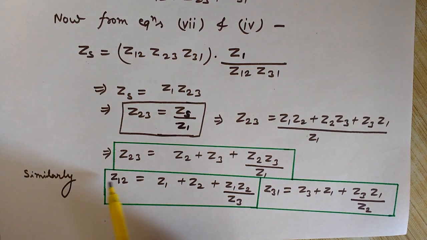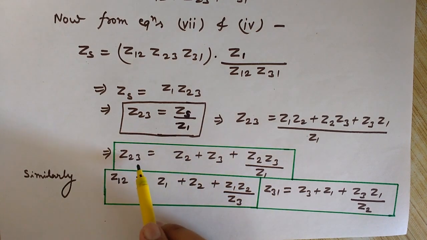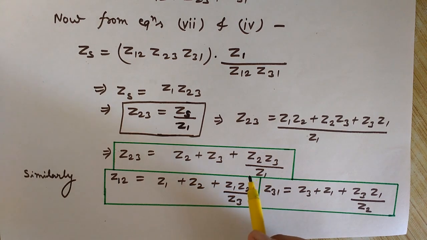Similarly, we can find the Z12 value, okay, and the Z31 value also. These are the formulas. This was the derivation, so you should just remember these three forms, how to calculate Z23, Z12 and Z31 to convert a star network into a delta network.